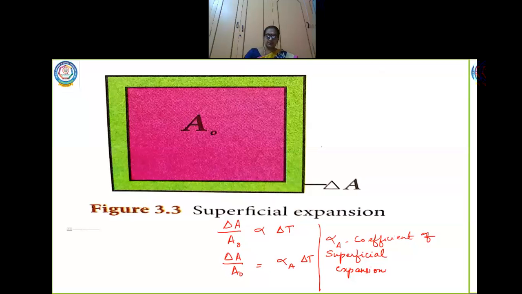Okay, and the equation relating this is given here. So del A by A naught is proportional to del T, alpha into del T. This is the equation. Where alpha is nothing but the coefficient of superficial expansion.